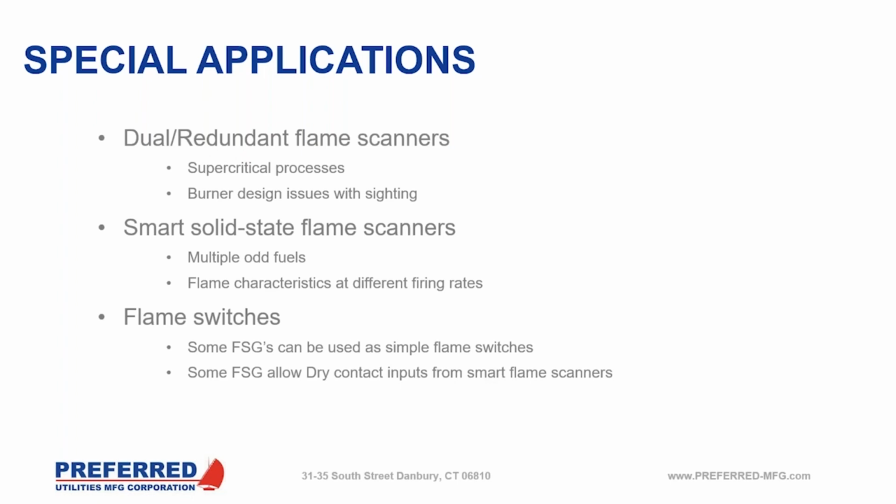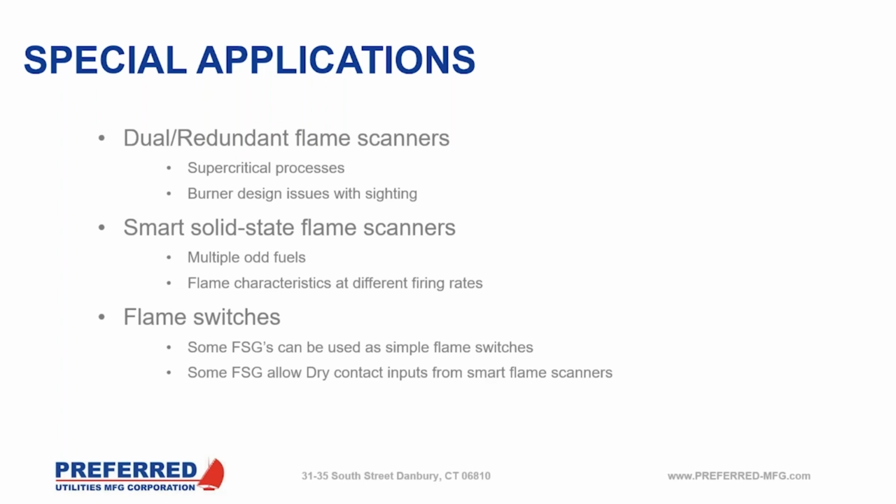Now, in certain flame safeguards, you'll be able to add smart or solid state flame scanners. And we can obviously have an "and" or an "or" situation. An "and" where both flame scanners have to be on, we would have those flame on contacts, if you will, in series. We could have an "or" situation where either one of those scanners could say, I've got flame signals.